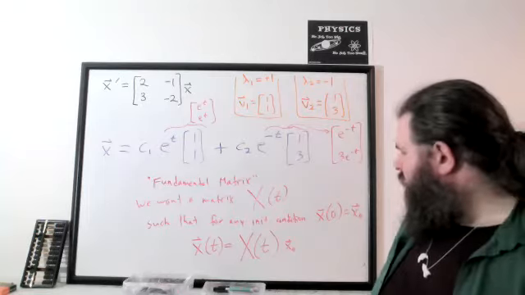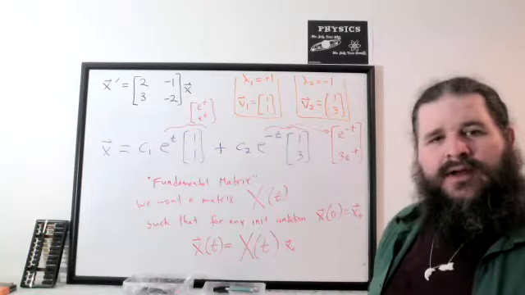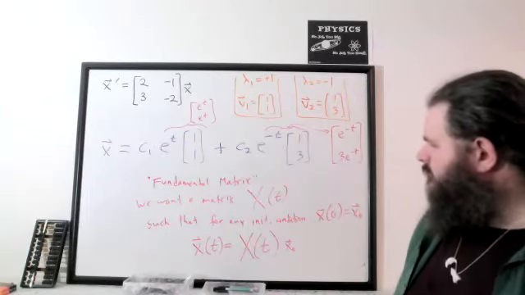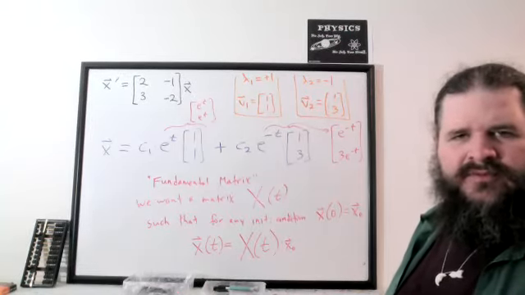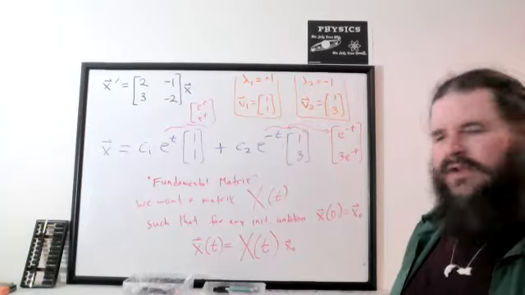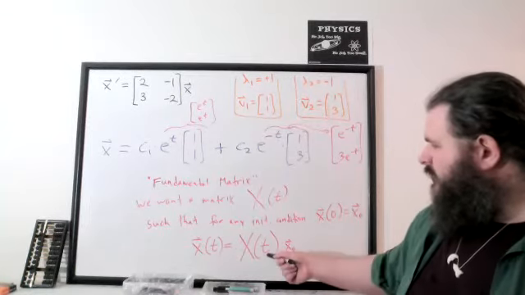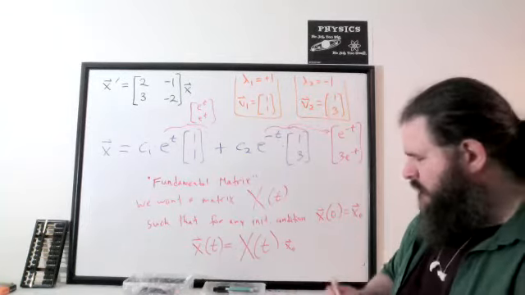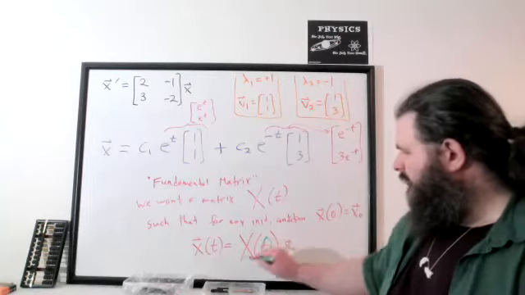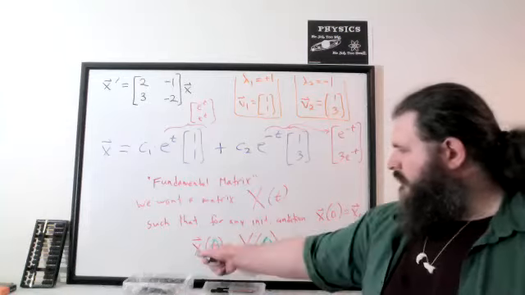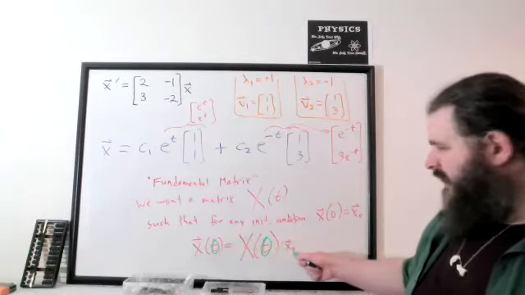Yeah, one way is we specifically want one where if you plug in 0, you just get the identity matrix. Because if you did plug in 0 for t, the idea is x of 0 is x naught.